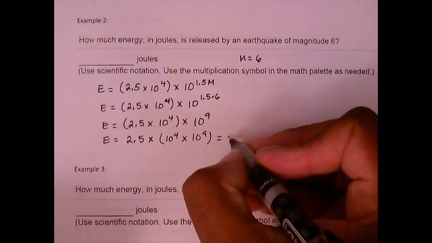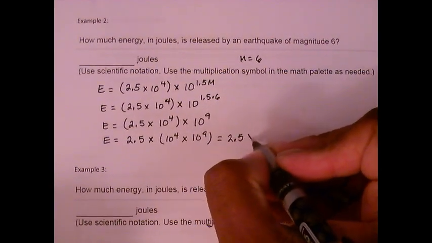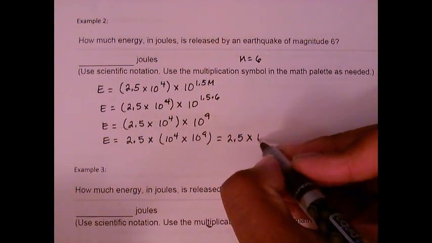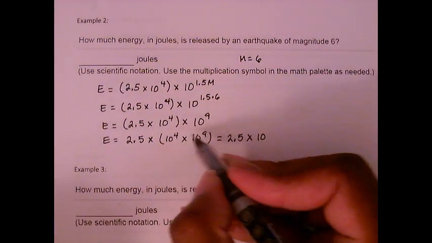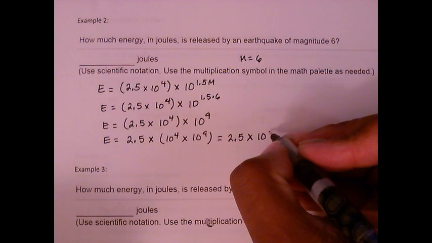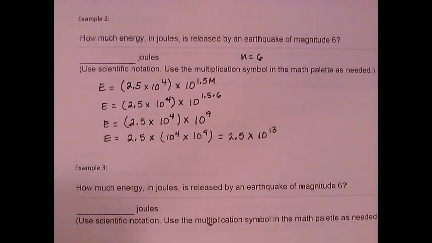So I'm going to bring over the 2.5 times 10 and add 4 plus 9, which will give us 13. So this will be the answer in scientific notation: 2.5 times 10 to the 13th power.